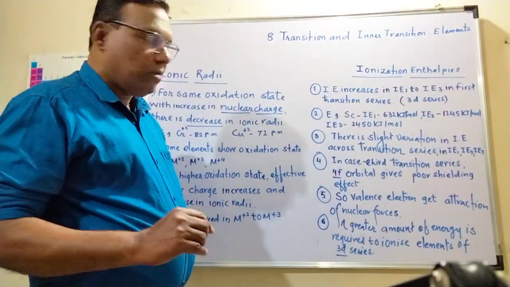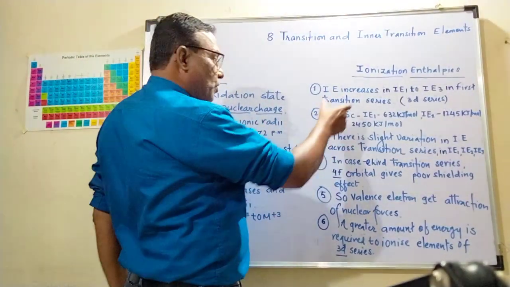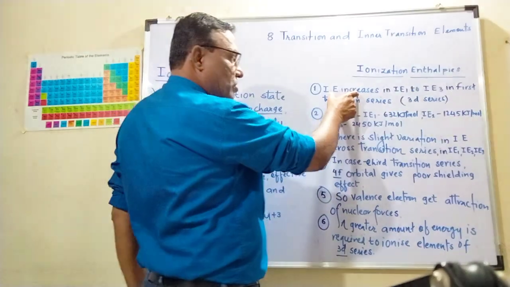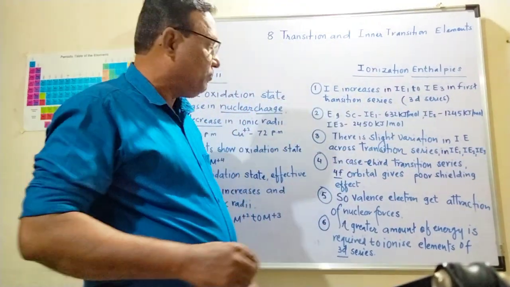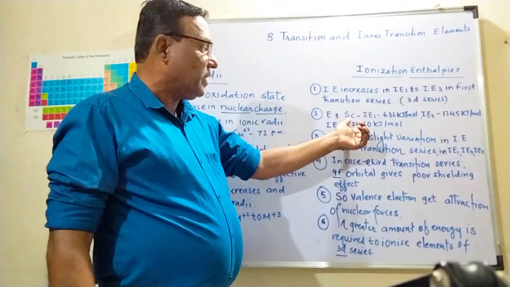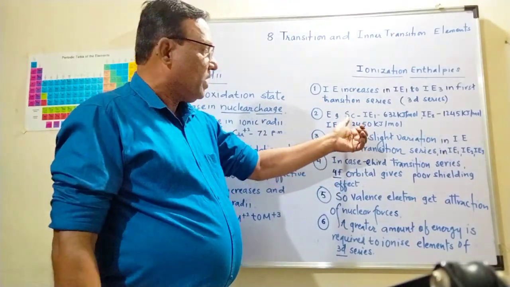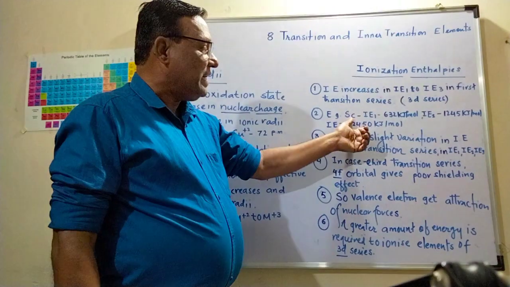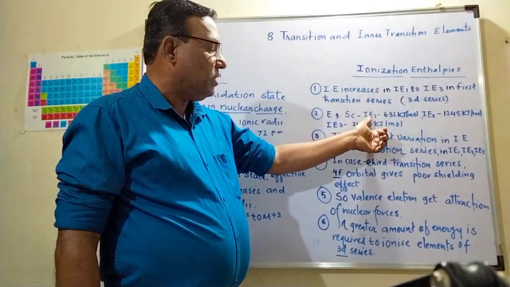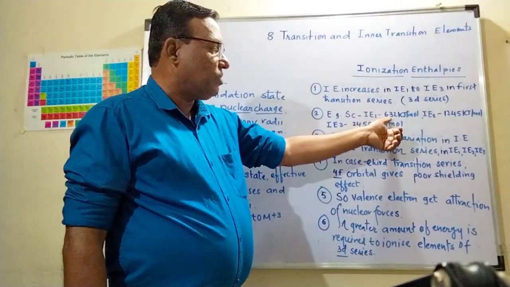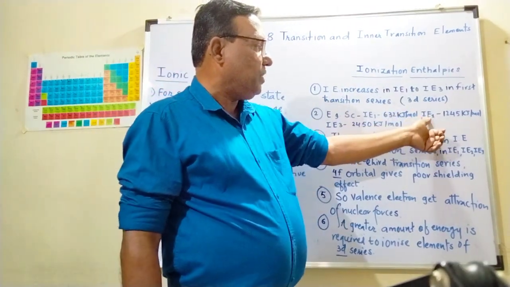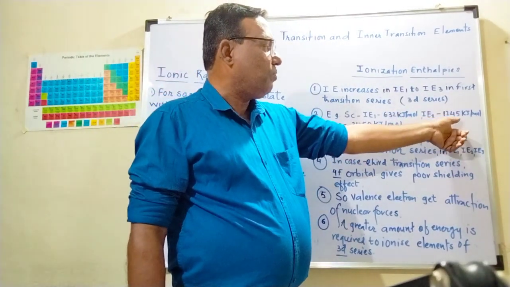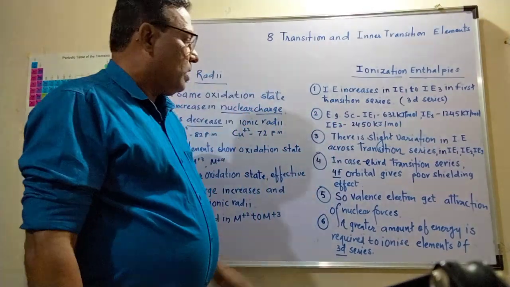Point number second, when we are talking about ionization energy increasing in the 3D series, we have to give some solid examples related to the 3D series. Scandium: ionization enthalpy 1, IE1, 632 kJ per mole. Ionization enthalpy 2 in scandium, 1245 kJ per mole.